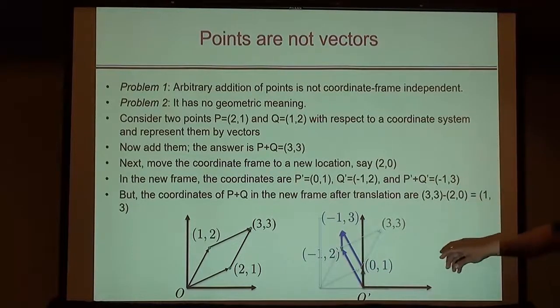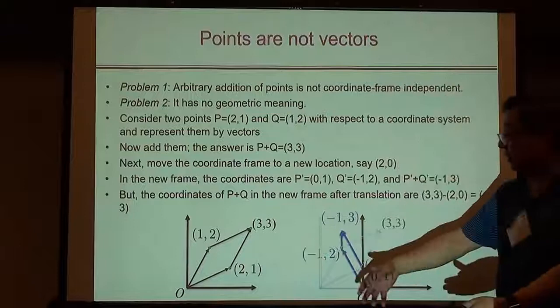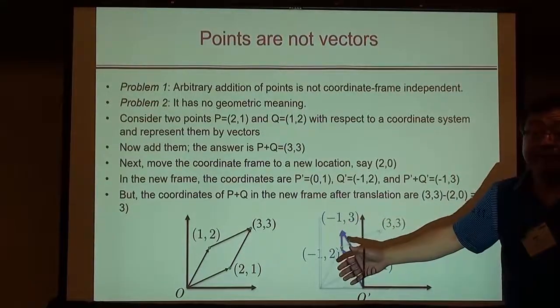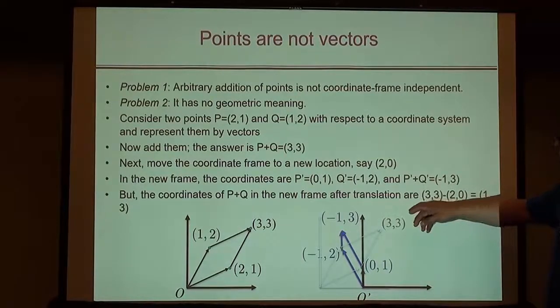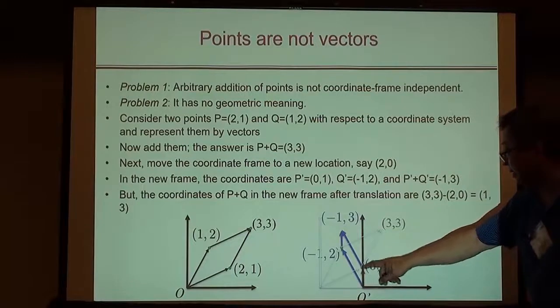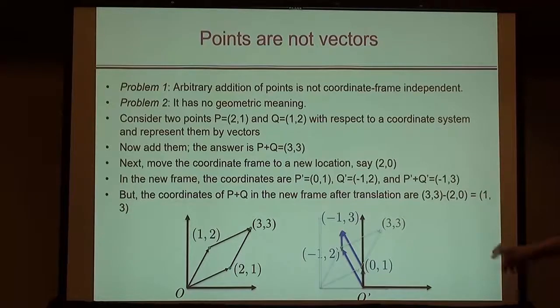Because of that, the coordinates that we assign to these two points will have to change according to the new location of the coordinate system. So one is 0, 1, and the other is minus 1, 2. Now, if you add these two new vectors, they represent the same two points. Then you will get P prime plus Q prime equals minus 1, 3, which will give you this vector.